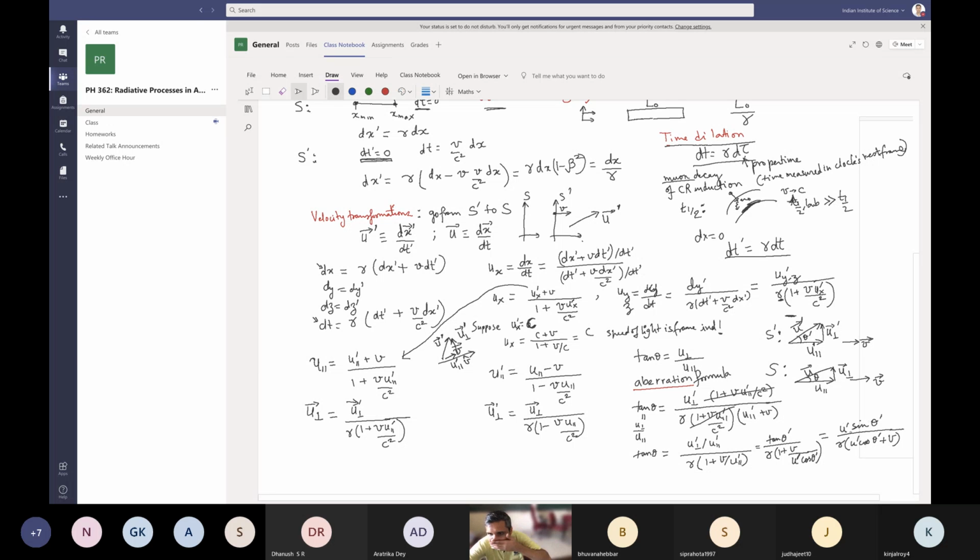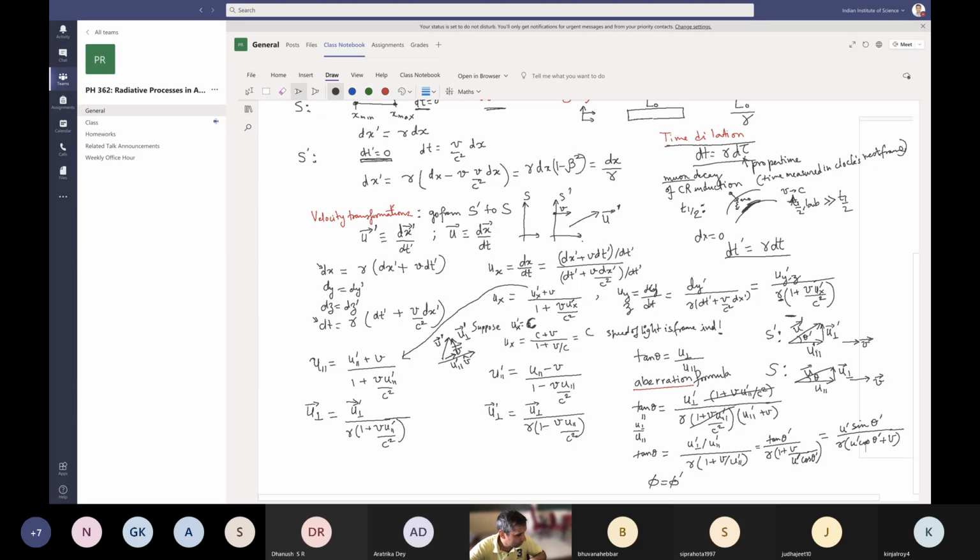So this is how theta changes. What about the azimuthal angle? The azimuthal angle phi equals phi prime. This angle theta is in the plane of velocities u prime and v, and the azimuthal angle measures the angle in the transverse direction, and because there is no motion in the transverse direction, the angle remains the same.